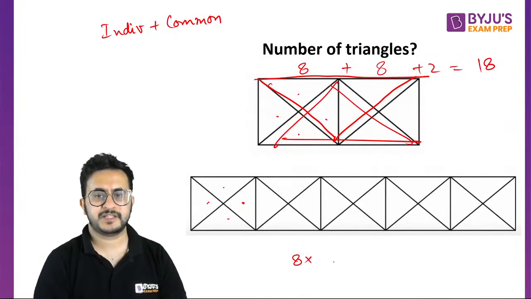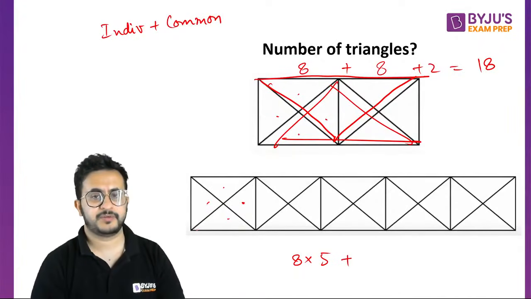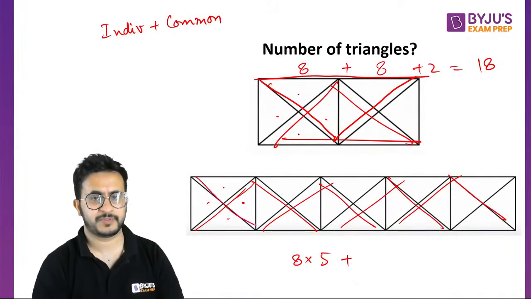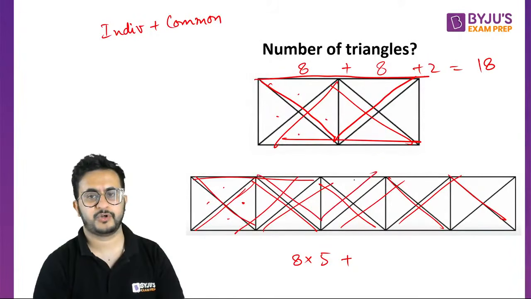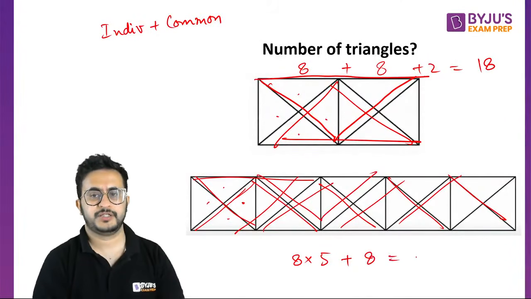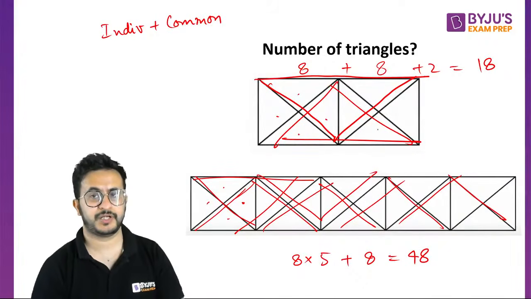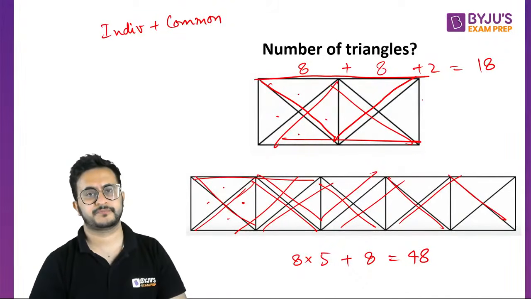There are 5 such things. So 8 into 5, 40 plus. Let us count the number of common triangles. Now this is between these two. This is between these two. 3, 4, 4 from base, bottom as the base, and 4 from top as the base. So 8. Total number of triangles is 48. So 18 and 48. Right.